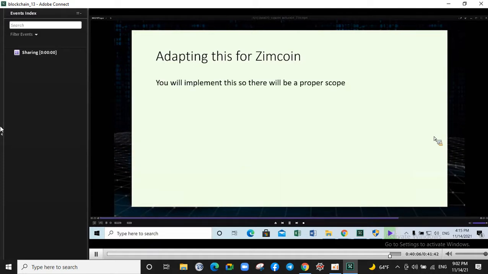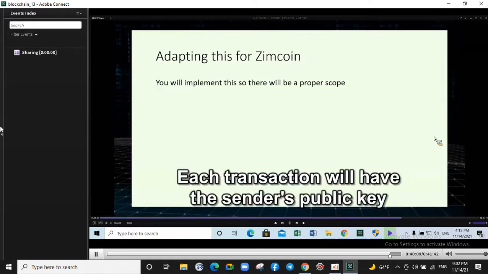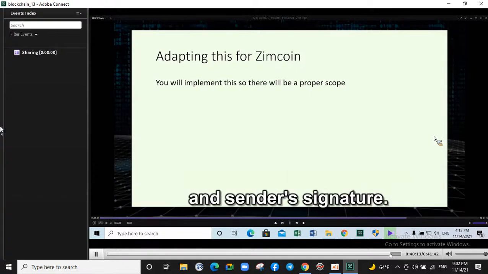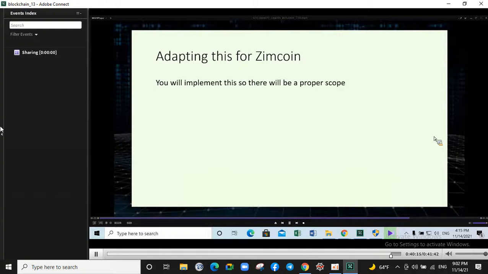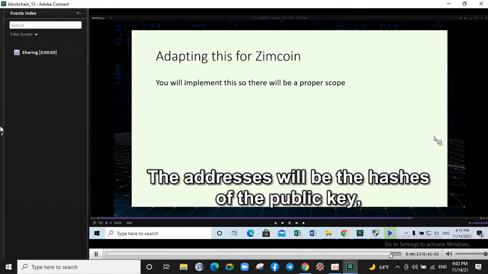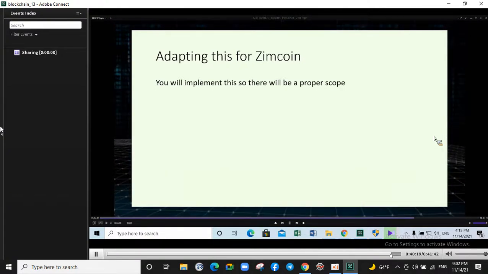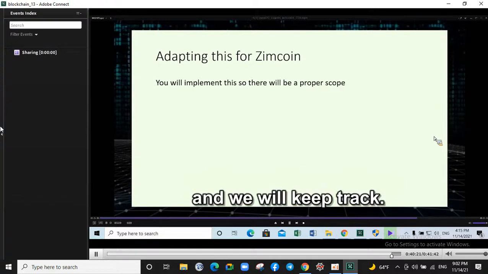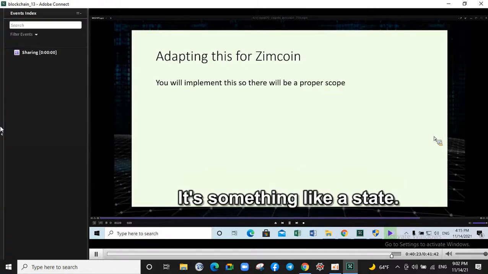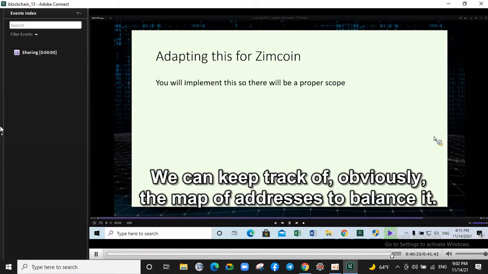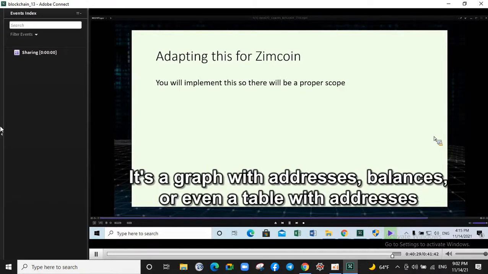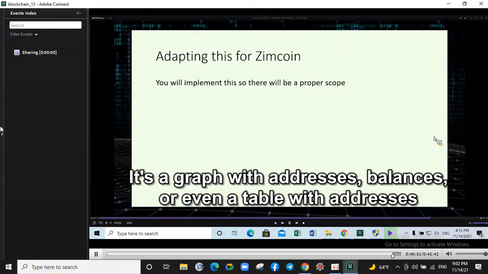Okay, so each transaction will have the sender's public key and sender's signature. The addresses will be the hashes of the public key, and we will keep track, something like a state, a sort of map of addresses to balances, or even a table with addresses and balances on it.